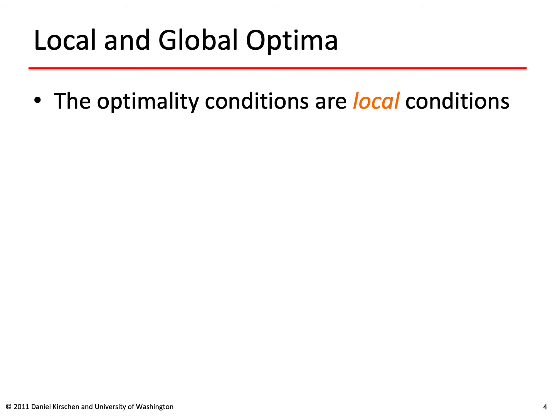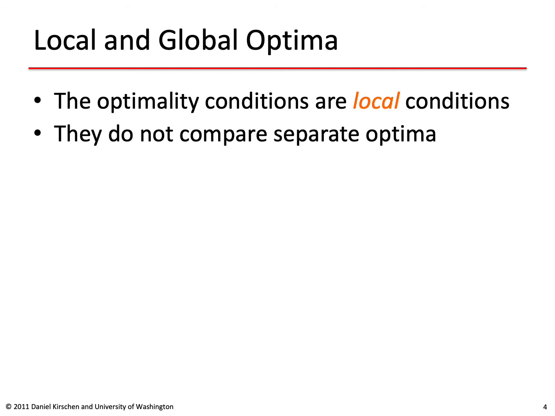The optimality conditions that we have developed involve only the first and second derivatives, and therefore they are only local conditions. They only consider the conditions around the point where we're trying to find whether it is an optimum, minimum, or maximum.